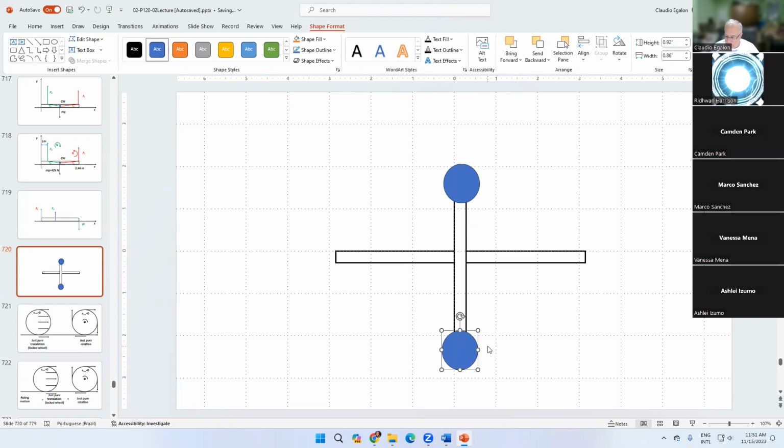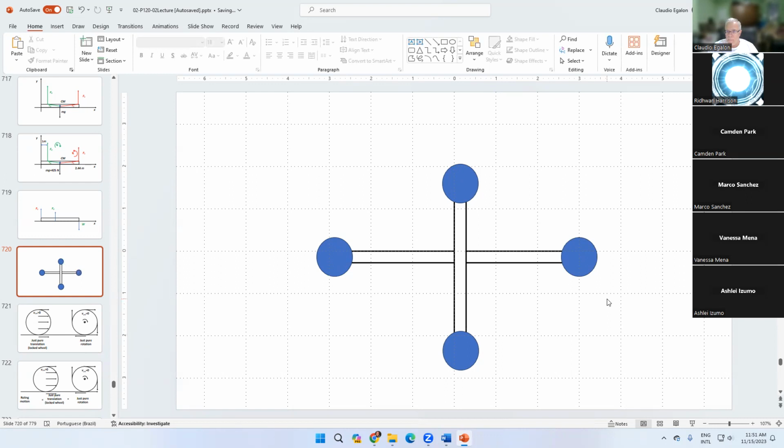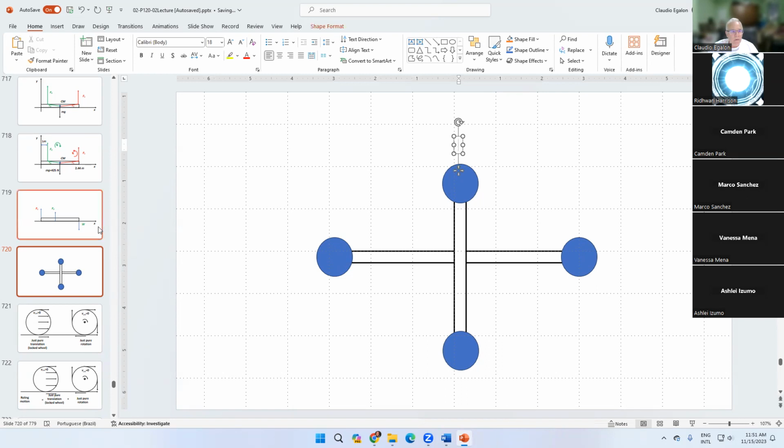Another point mass. A little bit more. I'm going to put this one here and the other one there. So let's see, I'm going to make things easier for all of us.